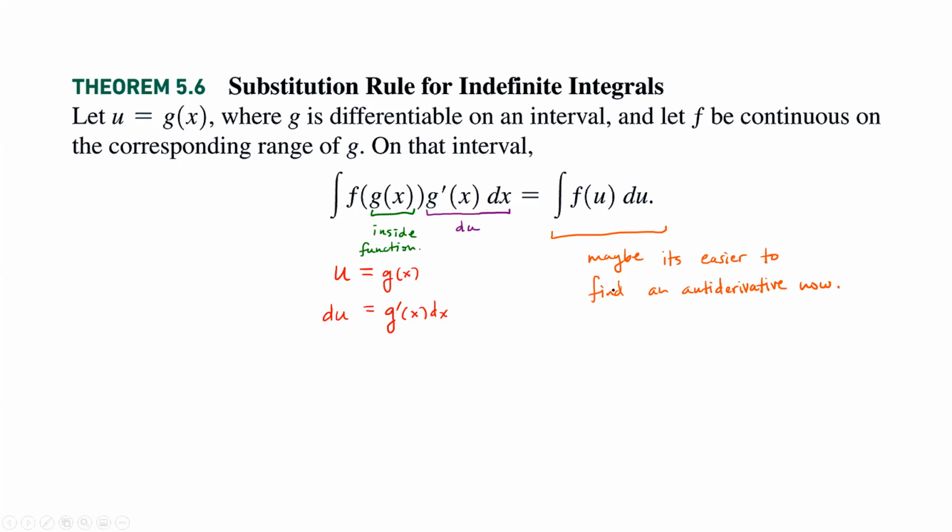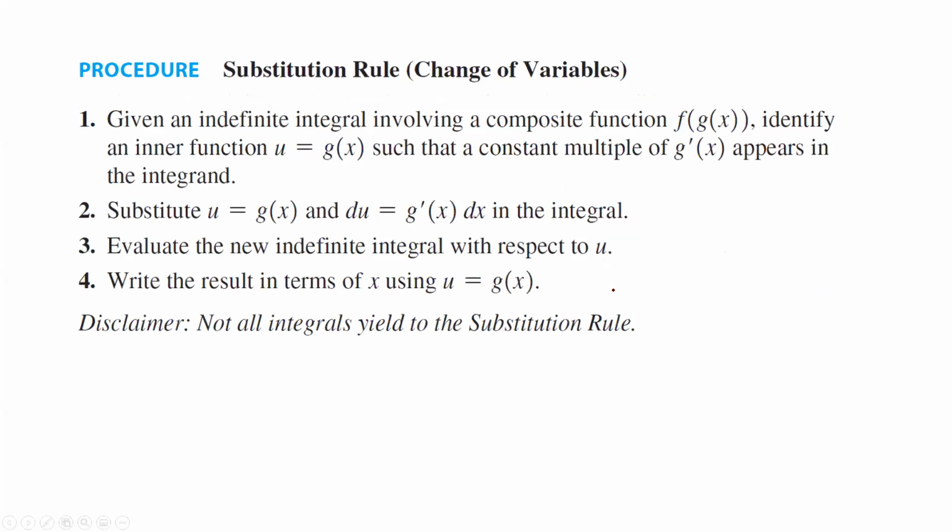So let's think about just the process that it's going to require. We're going to look at an integral and try and figure out what the inside function is that we want to replace with some new variable u. So it's like we're changing the variables from x to u. And we want to choose u carefully because we want it so that the derivative of whatever we choose for u is somewhere in the integral also, right?